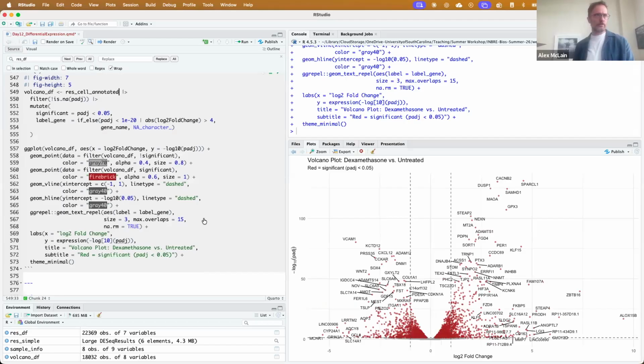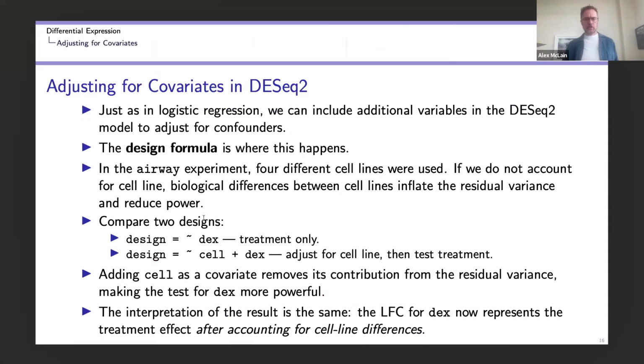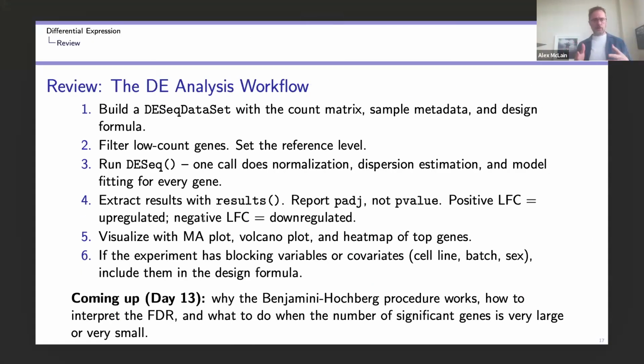Oh, neat stuff. Okay, so let's wrap all this up and review everything we talked about this morning. What we did was we built a DESeq data set. It has a count matrix, sample metadata, and the design formula. After that, we filter low count genes and set the reference level.